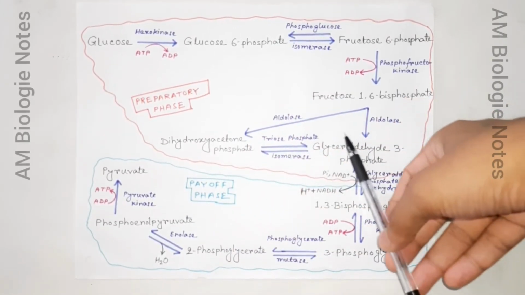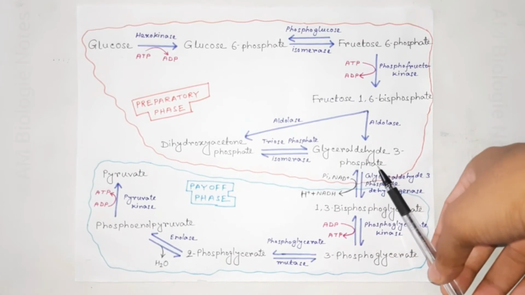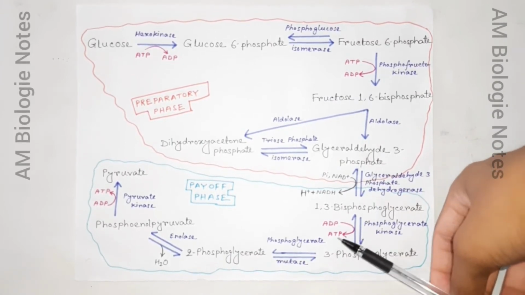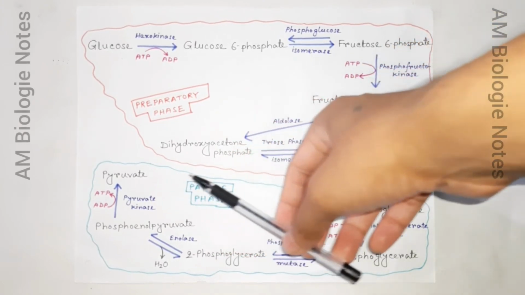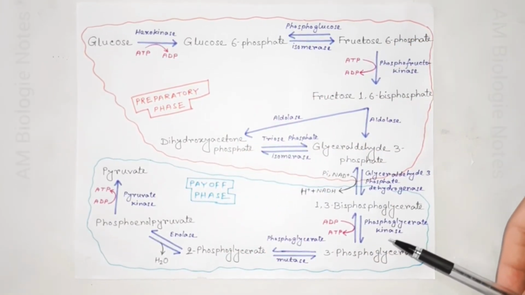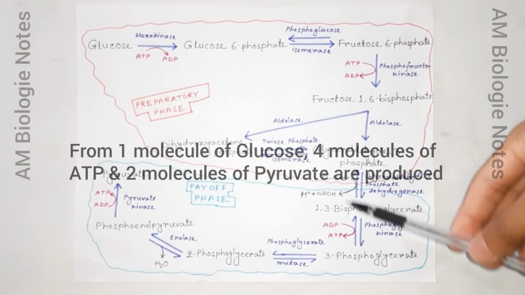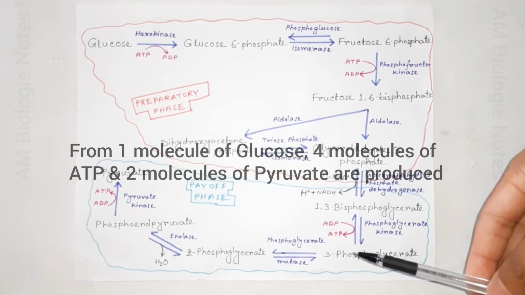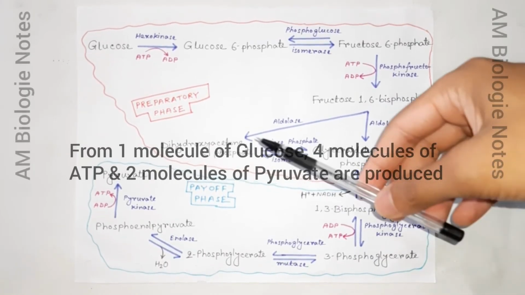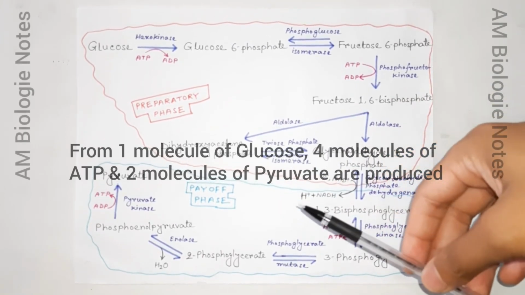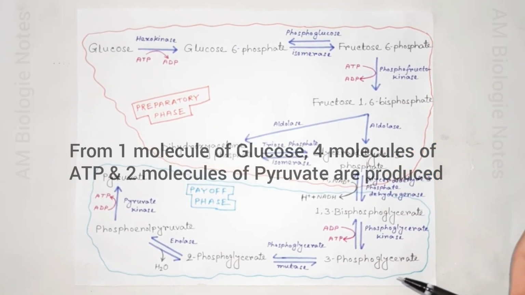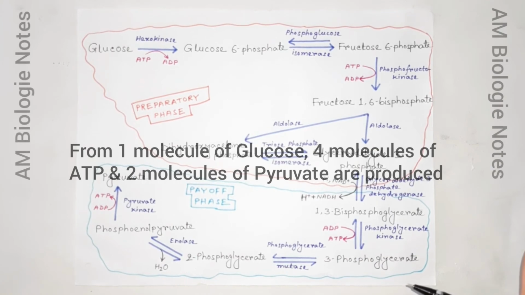So, for two molecules of glyceraldehyde 3-phosphate, four molecules of ATP and two molecules of pyruvate will be produced. So, from this glycolysis process, we can conclude that one molecule of glucose converts into two molecules of pyruvate and four molecules of ATP will be produced.